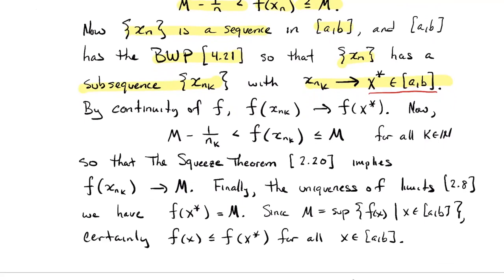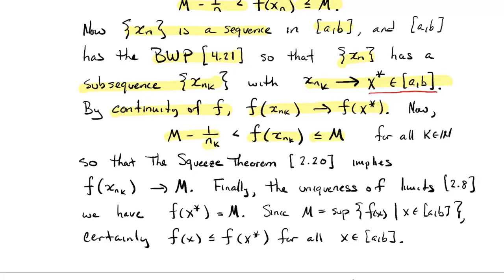I'm going to use the continuity of f. I'm going to apply f to that convergent subsequence x sub n sub k. The image sequence has to converge to f of x star. That's by continuity. But we said above that for every n, and so in particular for the subsequence values, the function value is no more than M, but greater than M minus 1 over n sub k.